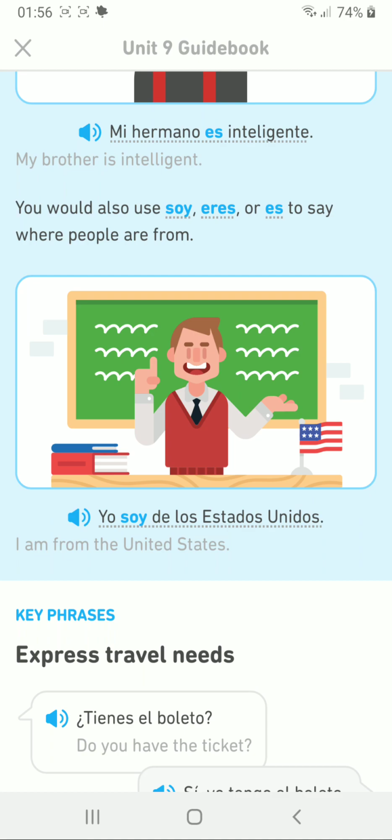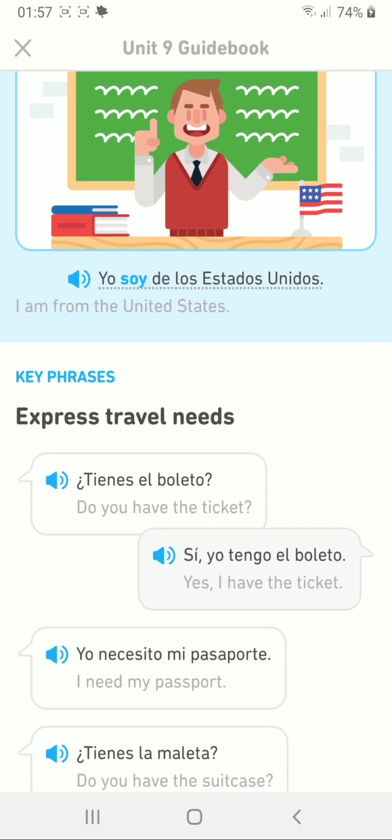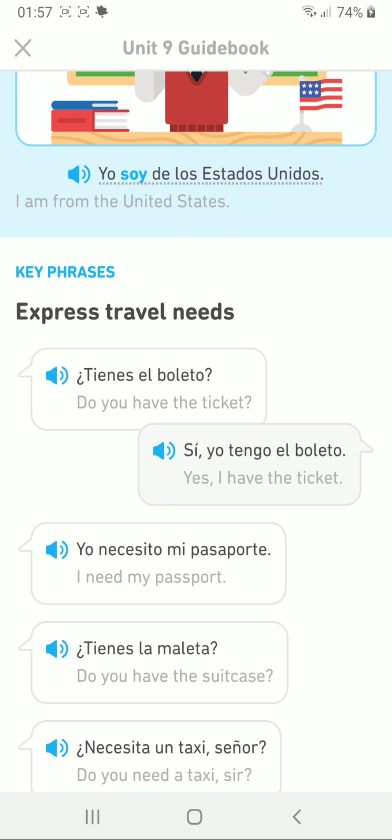So yo soy, tú eres, él es, ella es de los Estados Unidos. Somos de Estados Unidos. Nosotros somos de los Estados Unidos de América.